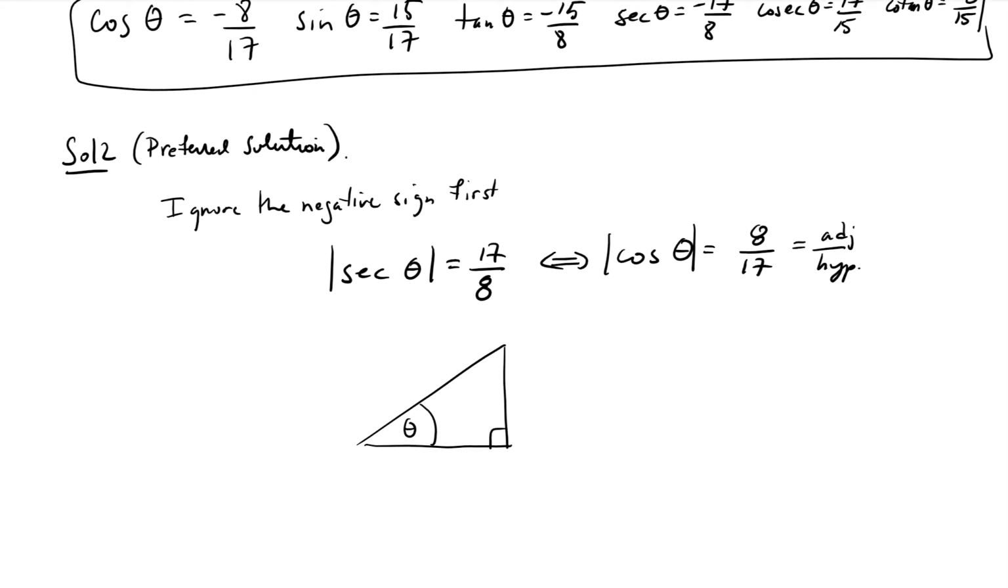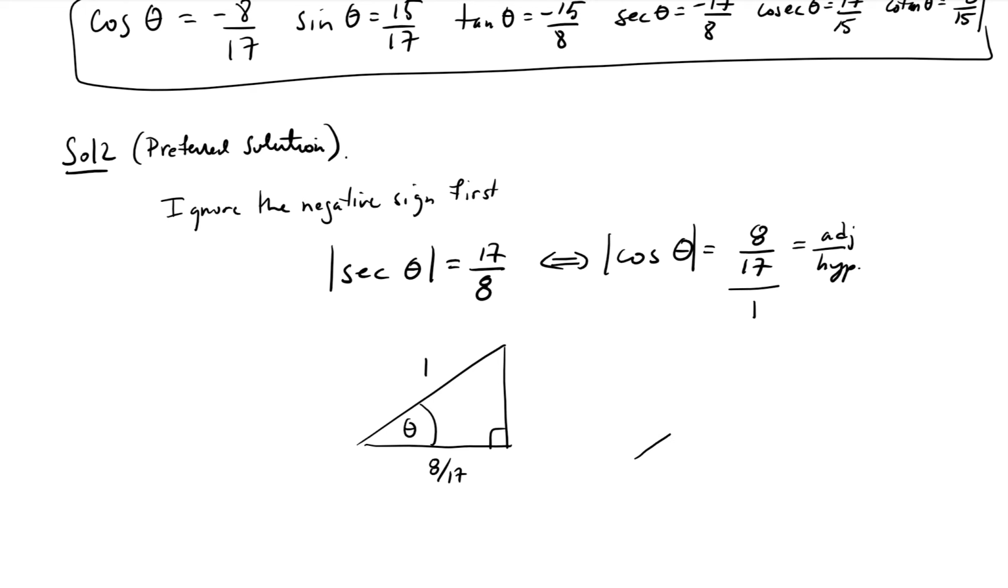So I'm going to put theta here, although it's not exactly theta. But like I said, I'm essentially ignoring the negative signs first. So adjacent over hypotenuse. I can think of this as either 8 over 17 divided by 1. So on my adjacent side could be this, and this for my hypotenuse.